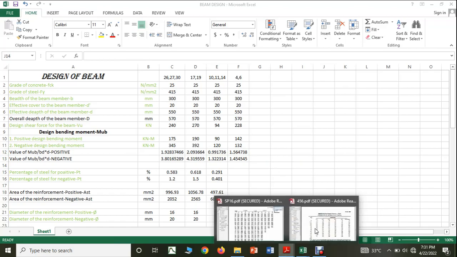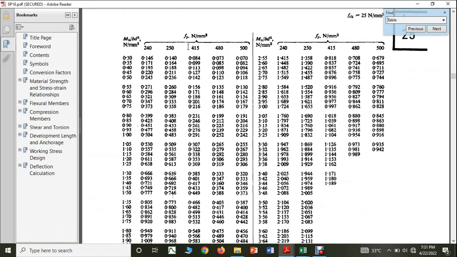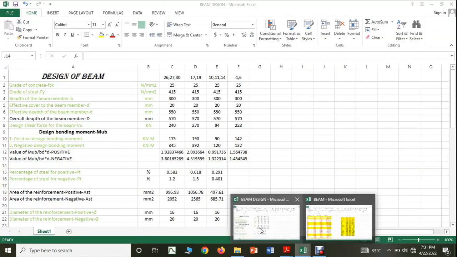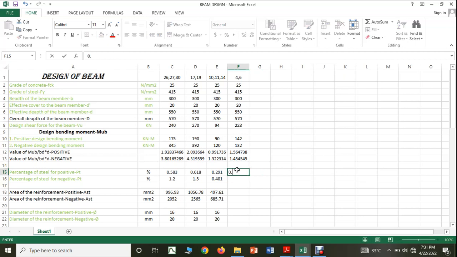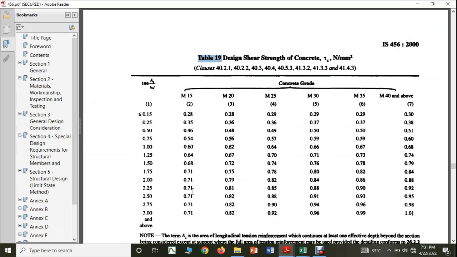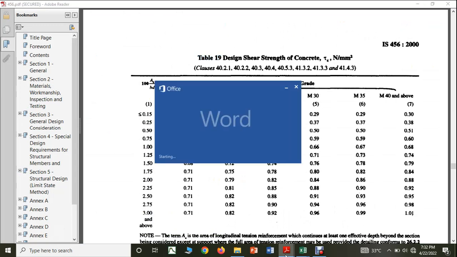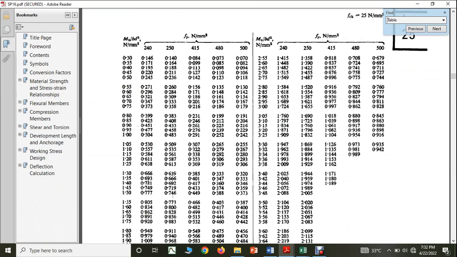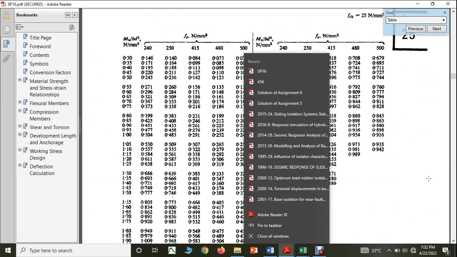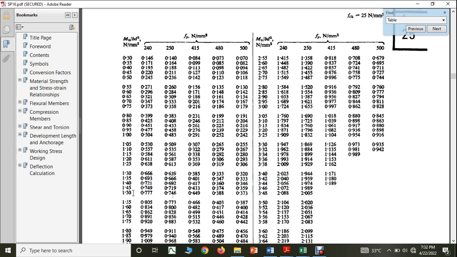If you see the table, the first one, 1.6, is 0.482, and next, 1.5, is 0.449.